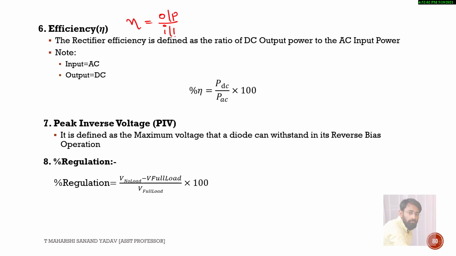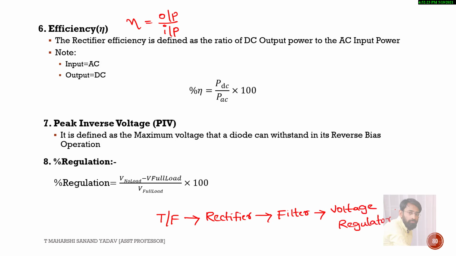Output by input. We have seen this figure which contains a transformer. After the transformer there will be a rectifier, after the rectifier it will be passed through a filter, after the filter there will be a voltage regulator, and the last one will be the load.